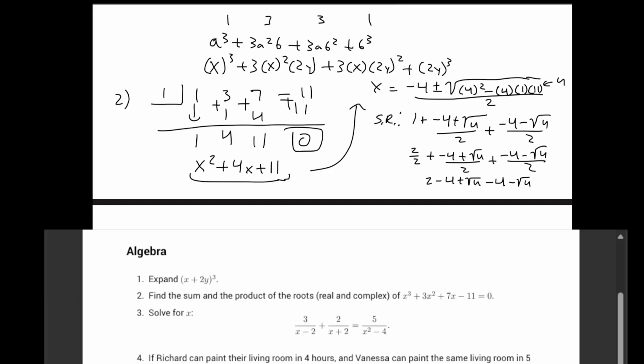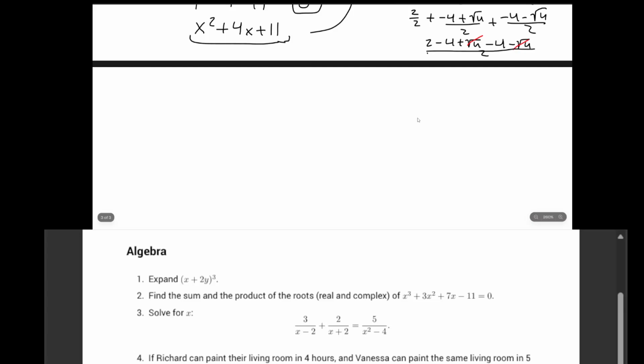These will cancel, and this is all over 2, by the way. This would be negative 6 over 2, and that would be negative 3.